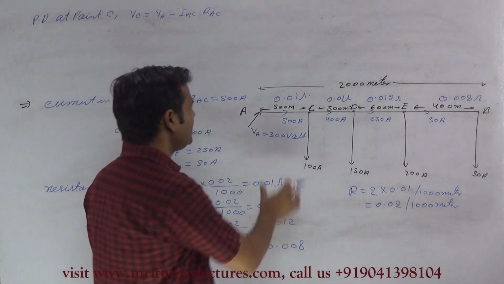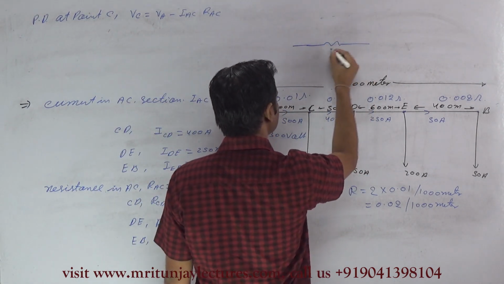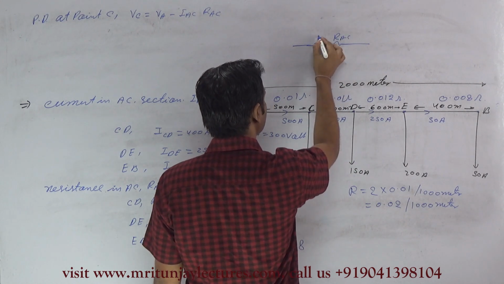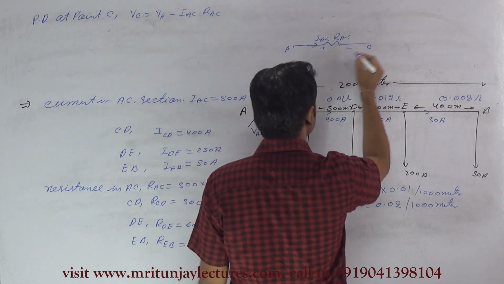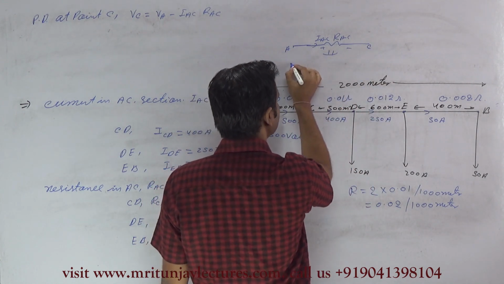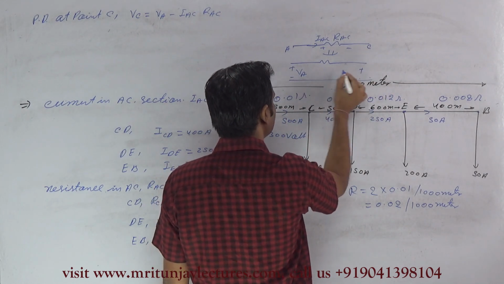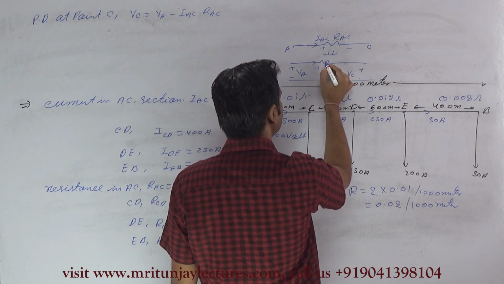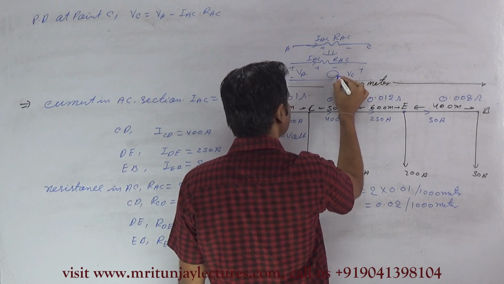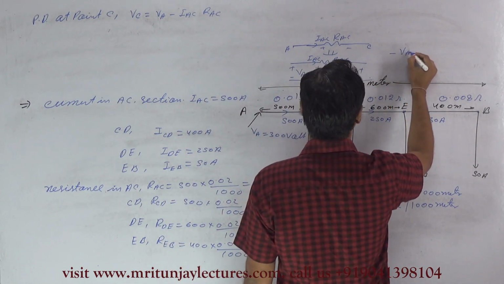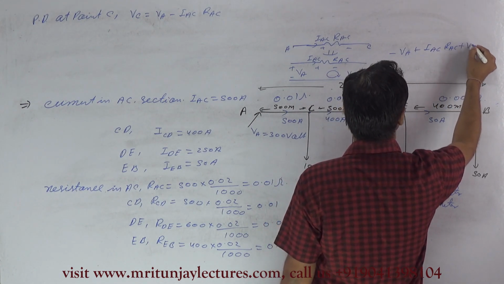If there is any doubt, you can make it like this: R of AC, current I of AC, between A and C. Apply KVL in this loop: minus VA plus I of AC into R of AC plus VC equals 0.